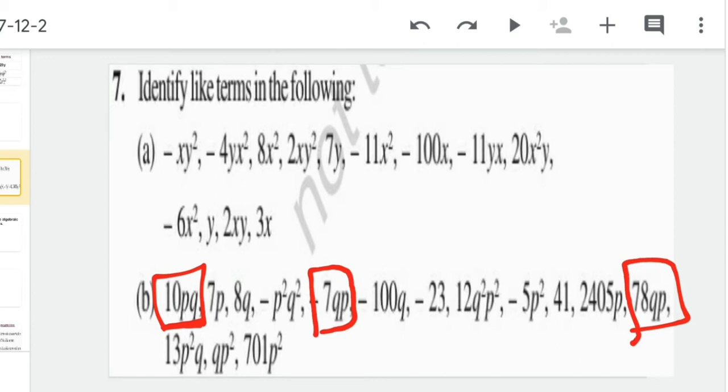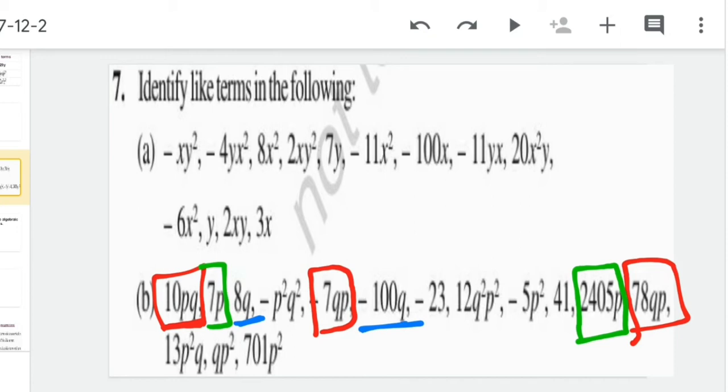Okay, these three are like to each other. Now similarly, the like term for 7p is 2405p. Now the like term for 8q is minus 10q.